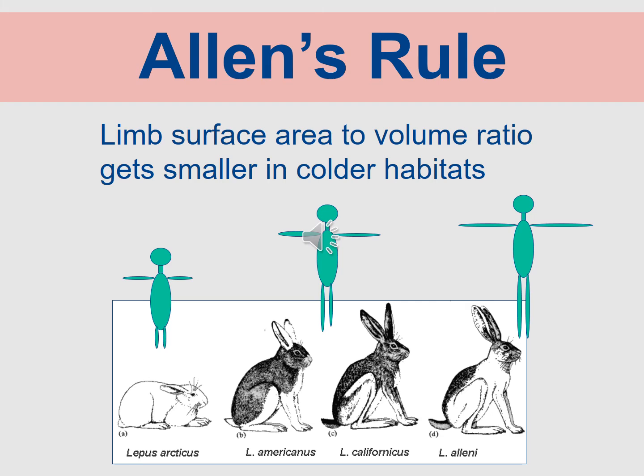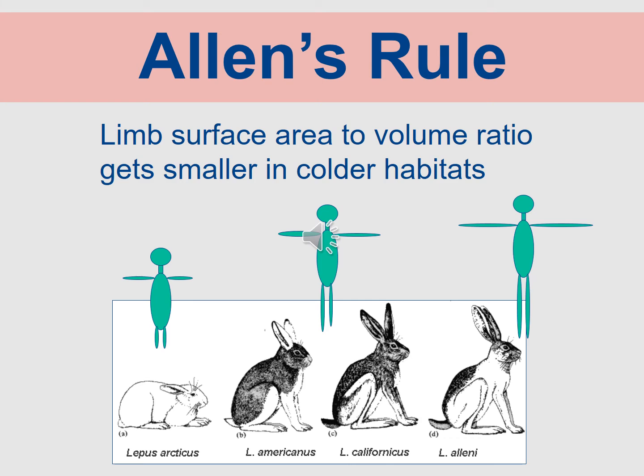Allen's rule has to do with the appendages: forelimb, hind limb, your arms and your legs, but it can also be other limbs, like the rabbit's ears in the example here. Allen's rule is another continuum or gradient similar to Bergmann's rule, but remember, Bergmann's has to do with the body, Allen's has to do with the appendages.